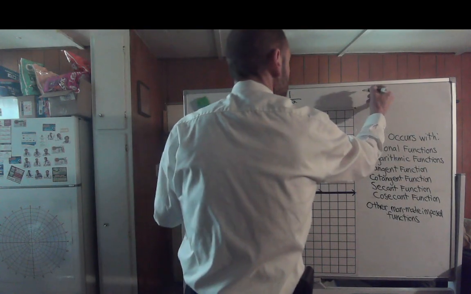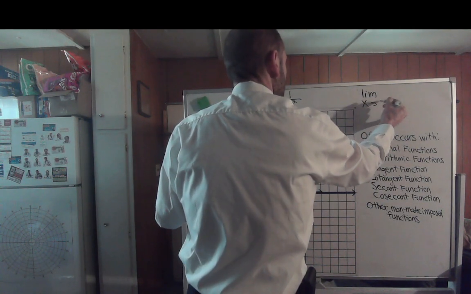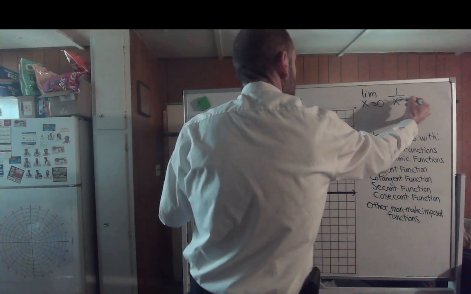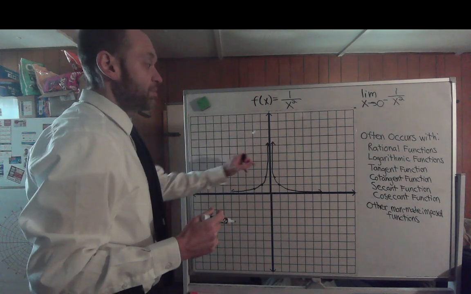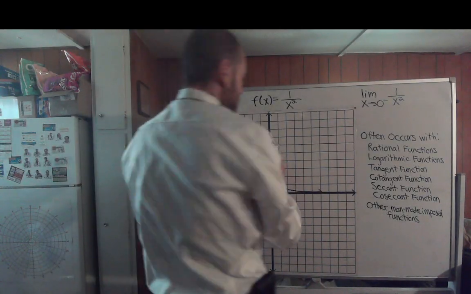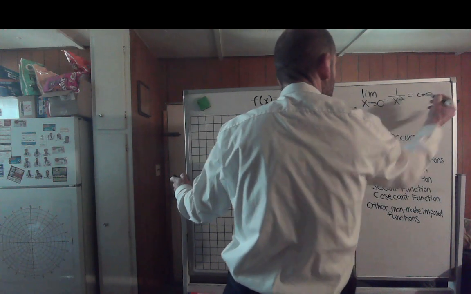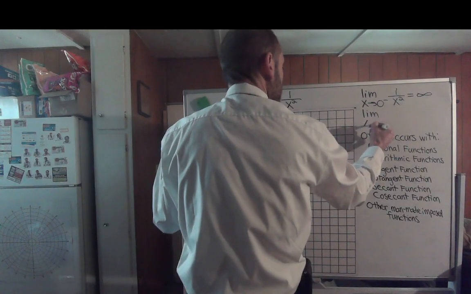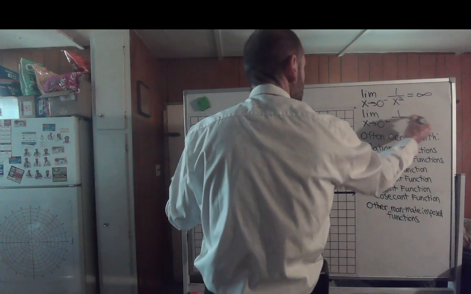If I take the left-handed limit as x approaches 0 of 1 over x squared, so I'm approaching x equals 0 from the left, I'm getting closer and closer to infinity. So this would actually be positive infinity. So what about the limit as x approaches 0 from the right of 1 over x squared?